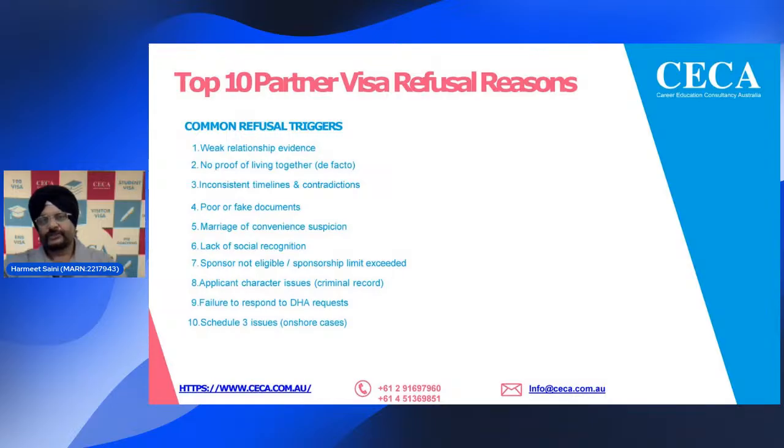So now I have explained all these visa categories, offshore and onshore. Now I'm going to discuss the major reasons why partner visa applications are refused. Generally, the main reasons are weak relationship evidence and no proof of living together, especially if you are applying for a partner visa on the basis of a de facto relationship, then definitely you need to provide such proof.